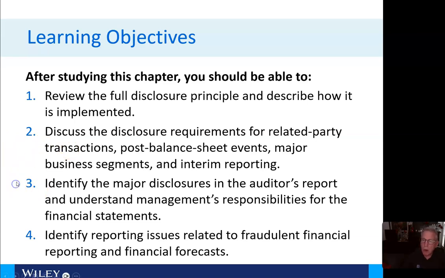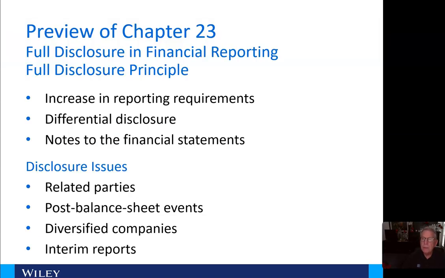Number three, we're going to identify the major disclosures in the auditor's report and understand management's responsibilities for the financial statements. And number four, we'll identify reporting issues related to fraudulent financial reporting and financial forecasts.